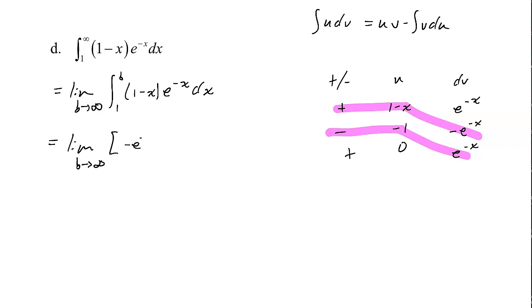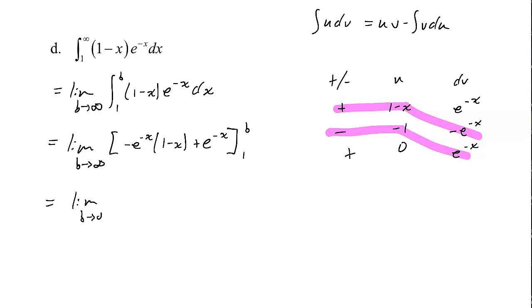I'm going to put that negative e to the negative x out front, times 1 minus x. And then I have positive e to the negative x, so plus e to the negative x from 1 to b. Okay, and when I evaluate this, I'm going to think about these e to the negative x's as 1 over e to the x, just to make my life a little bit easier. So I'll write it out that way.